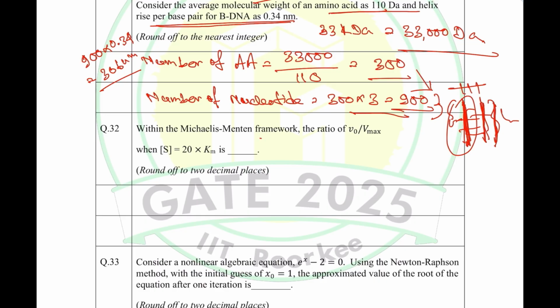Within the Michaelis Menten framework, what is the ratio of V0 by Vmax when S is equal to 20 into Km?